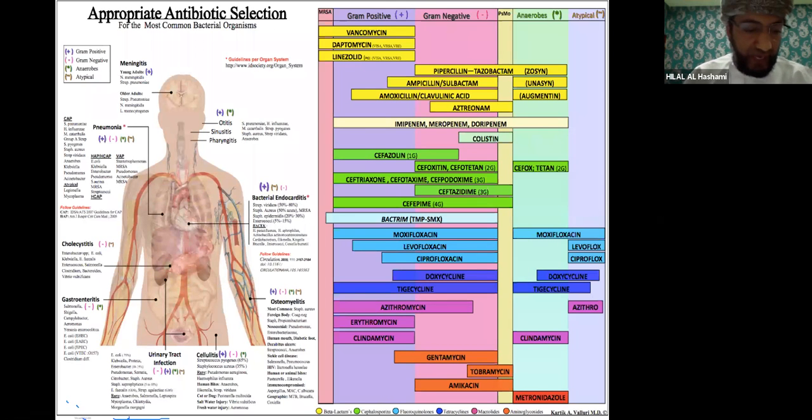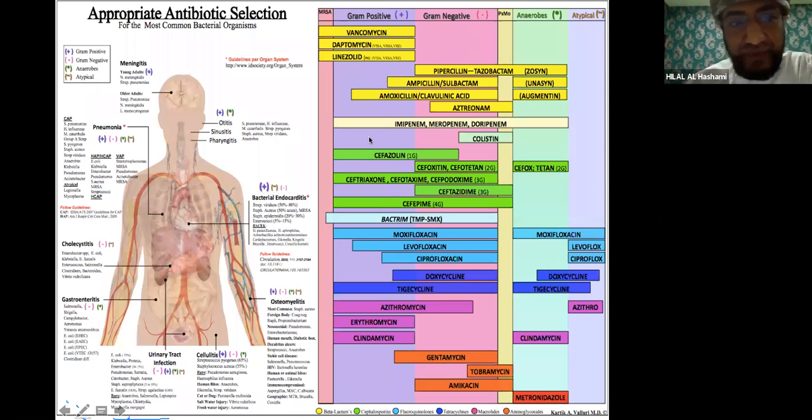So I think we are ending our presentation. Again, this diagram shows you a broader overview, a broader illustration of antibiotics. Here are the gram-positive antibiotics and the agents that you can use: vancomycin, daptomycin, linezolid.